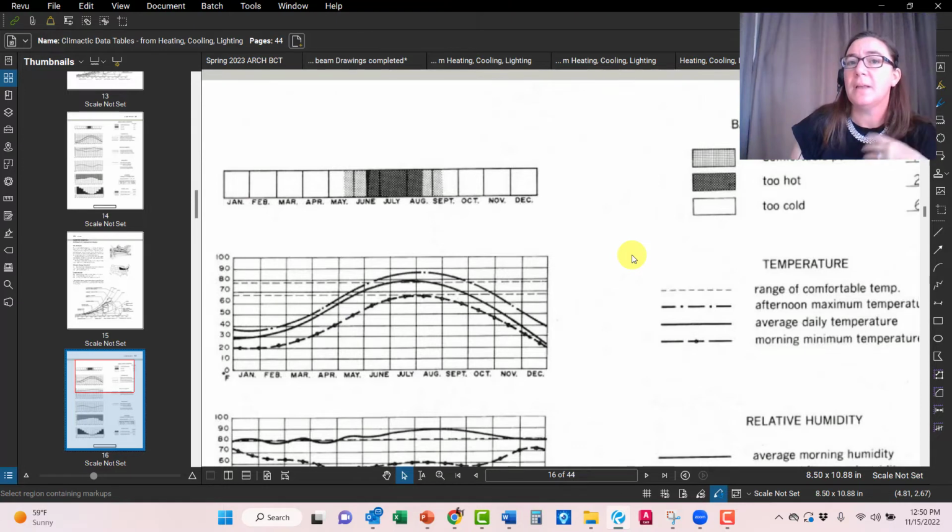So the question is last day of the underheated period, all right, that's going to be our too cold, right? And if you slide along the year, the last day is, let's call that May 21st, right? And then last day of the overheated period, all right, too hot section, let's call that August 21st.